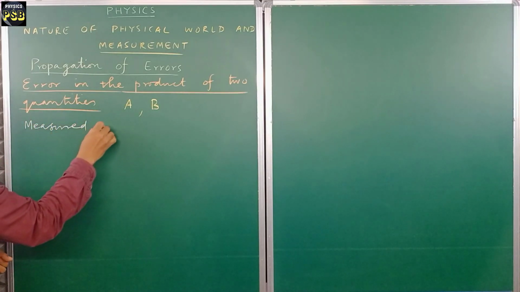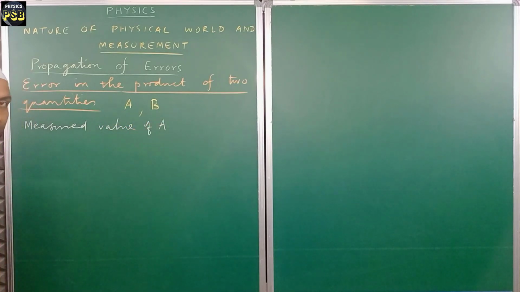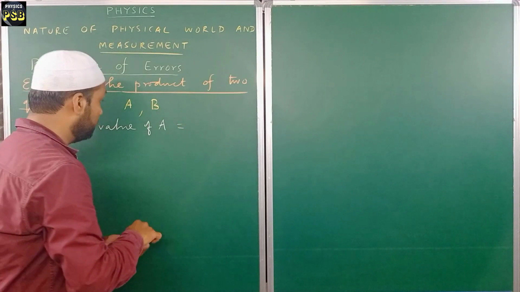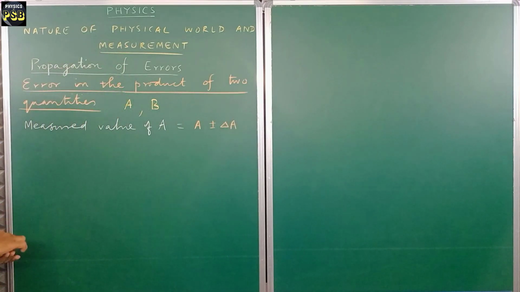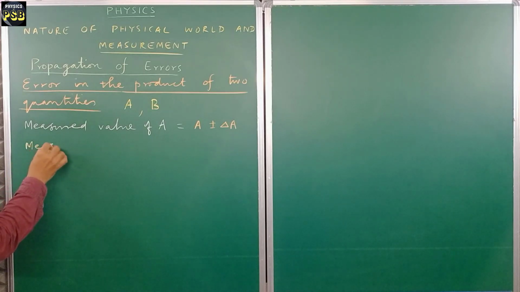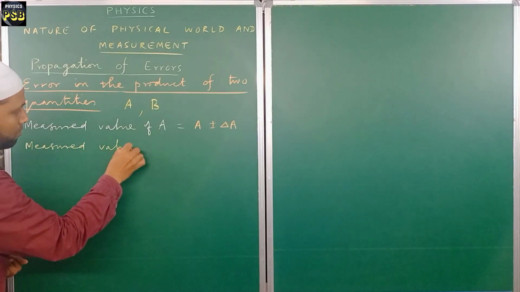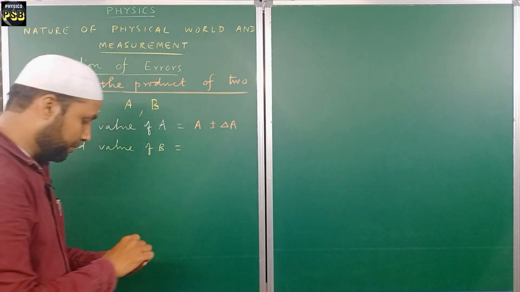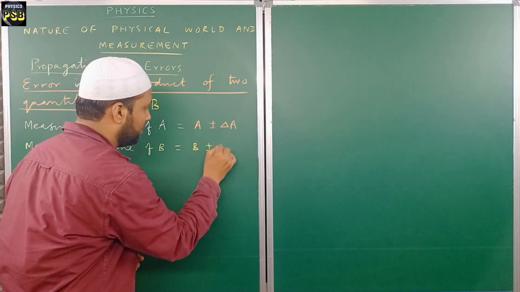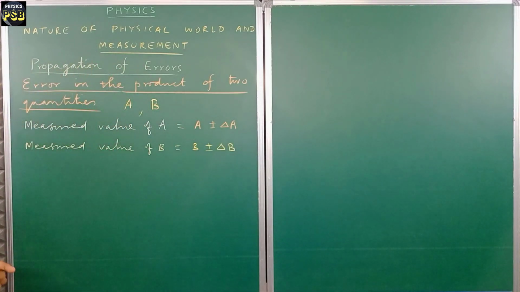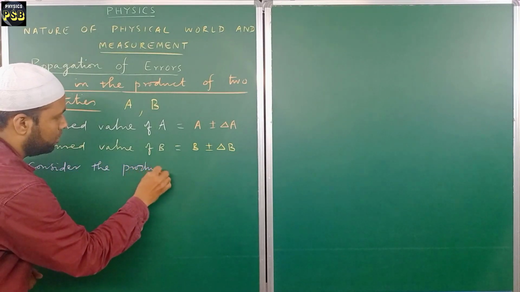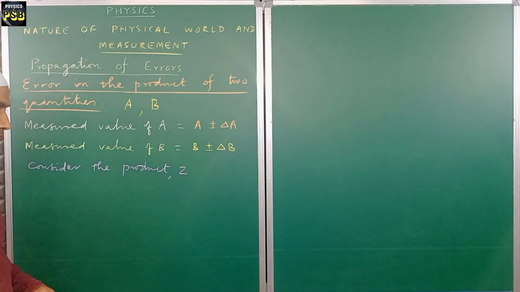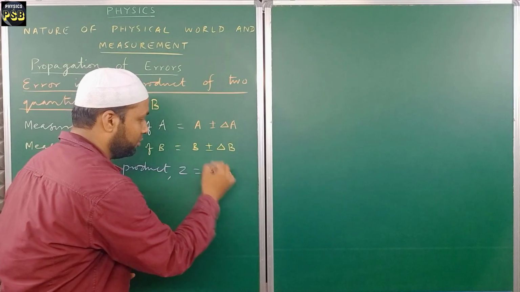Measured value of A is taken as A plus or minus delta A. And the measured value of B is taken as B plus or minus delta B. Okay, so here let's consider the product to be equal to Z. I take the product as Z, which is nothing but A multiplied with B.